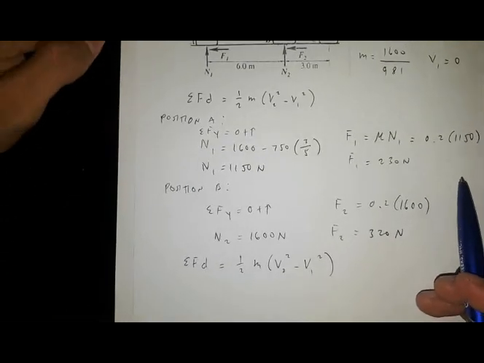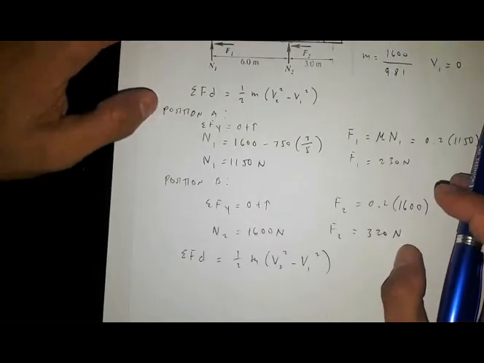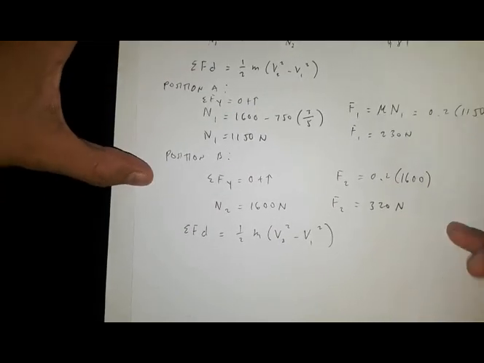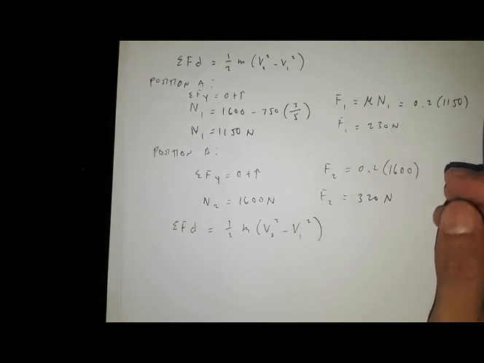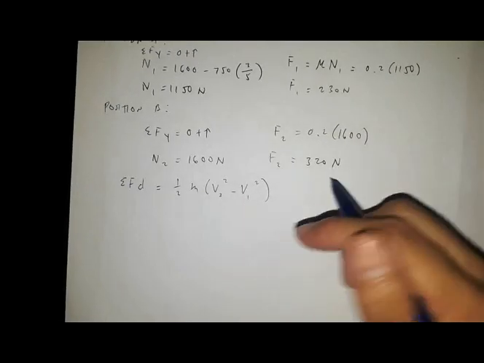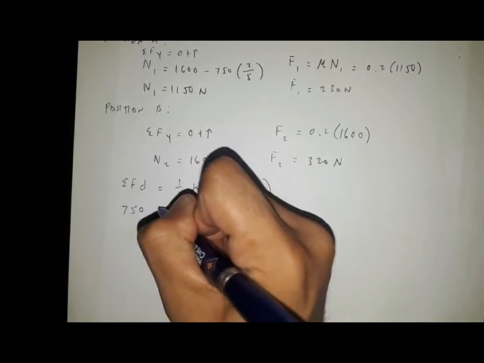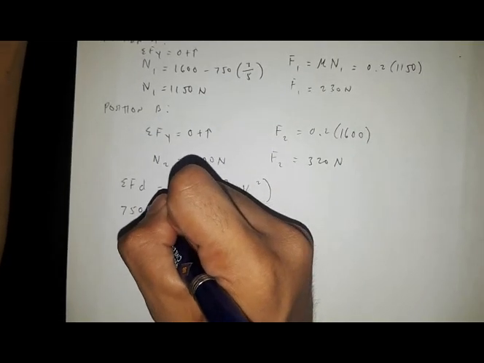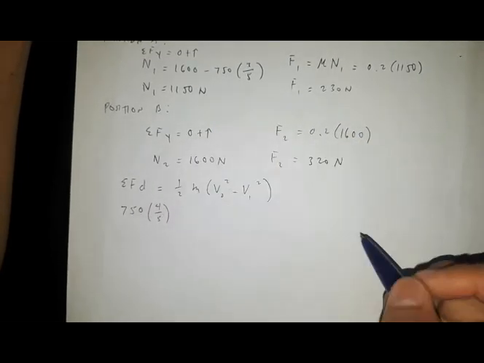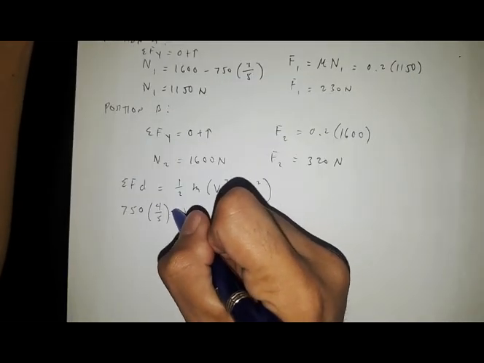For the positive work, we have here the x component of the applied force, which is given by 750 multiplied by 4/5 times the distance of 6 meters.